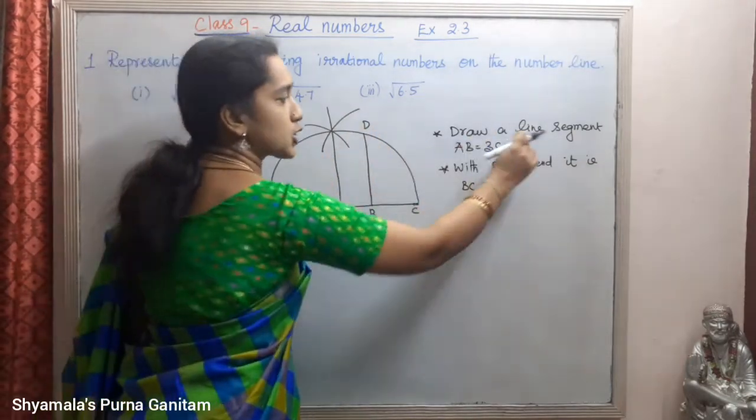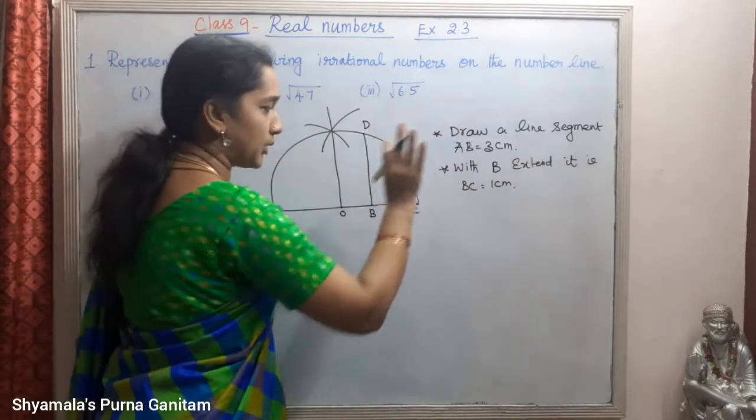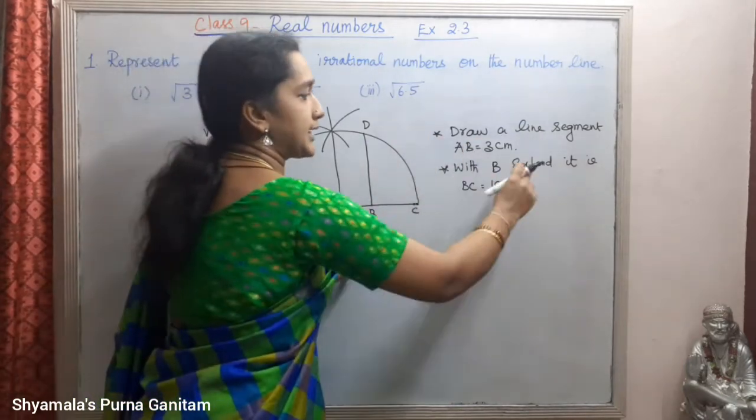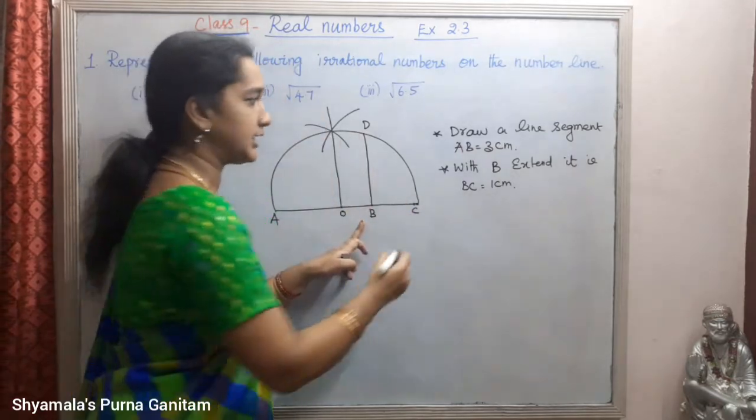So first, draw a line segment AB equal to 3 centimeter. With B, extend it so that BC is equal to 1 centimeter.